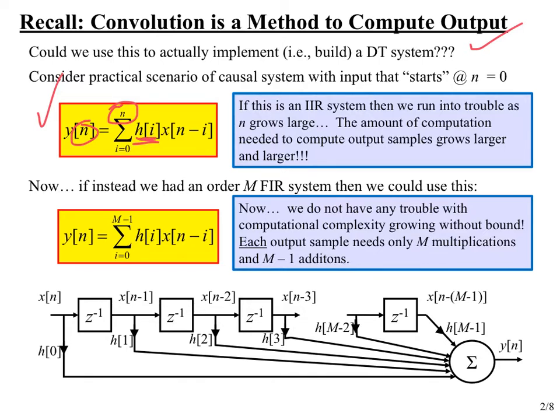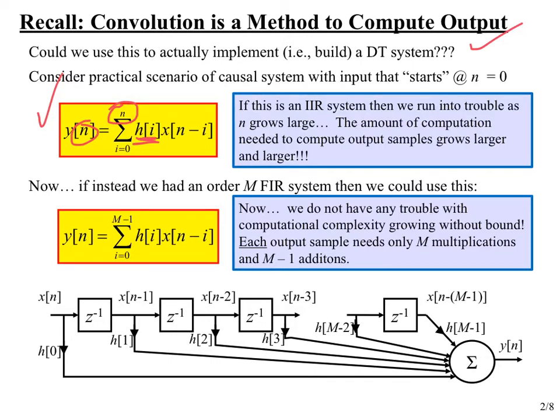So to directly use convolution to implement this, we would have problems because for an IIR system, as we went further along in computing our output, we would have a sum that grows longer and longer, and that becomes a problem.